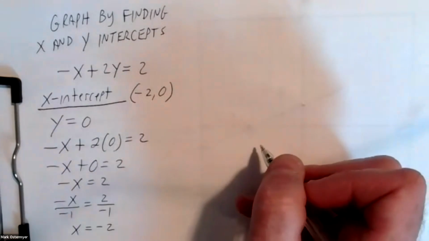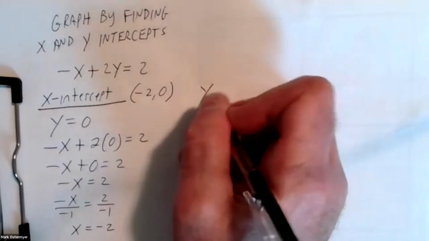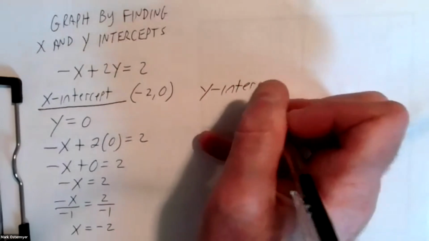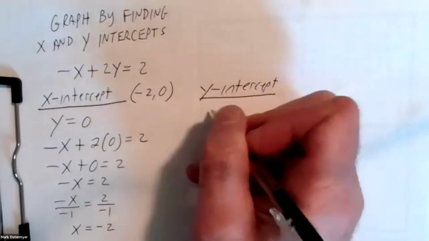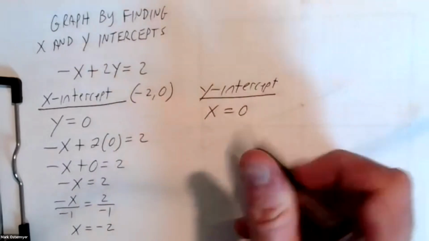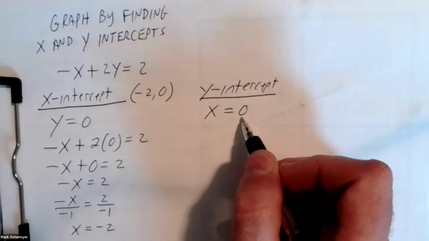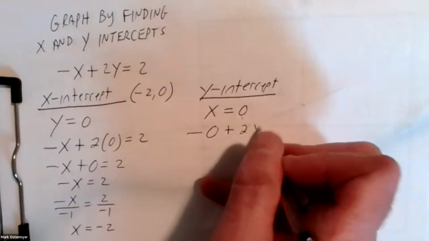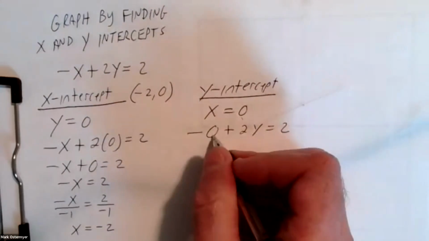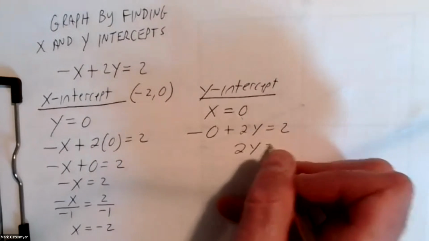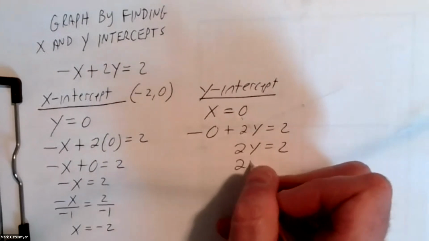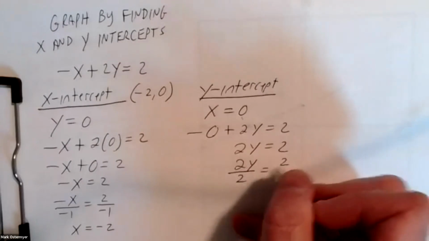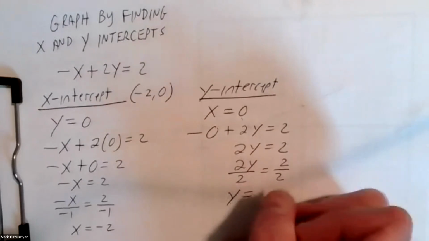That's your x-intercept. Now to find the y-intercept of this linear equation, we're going to set x equal to 0 always. Take 0, substitute it in for your x variable into the equation, and then we'll solve the equation for y. This is going to be 2y equals 2. Solving for y, we divide both sides by 2, and y walks out of this with a value of 1.